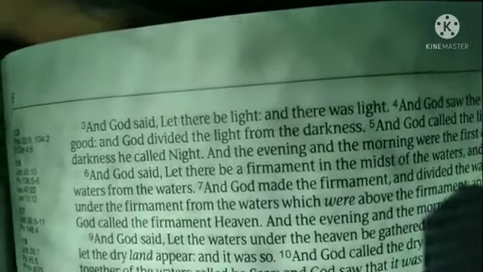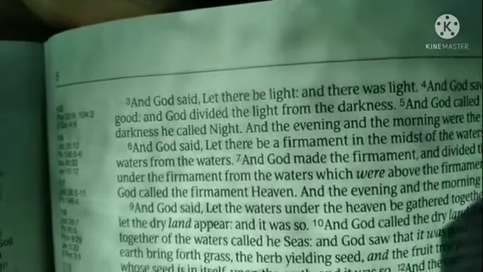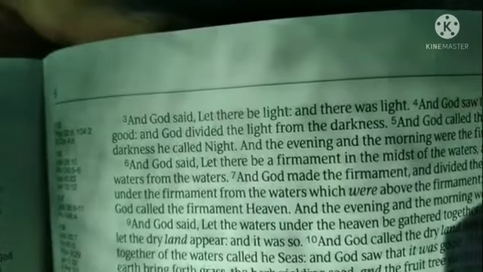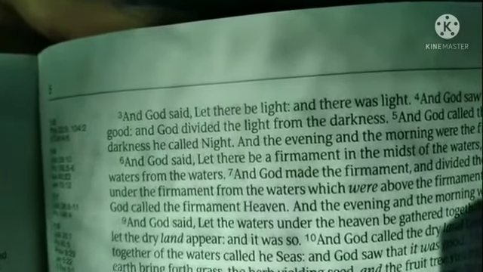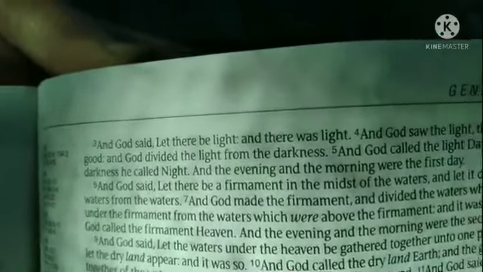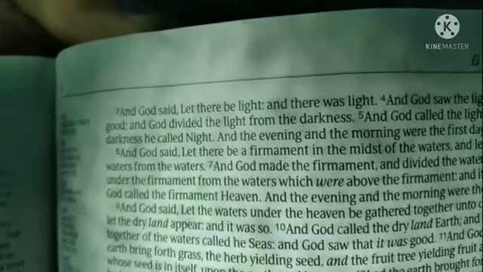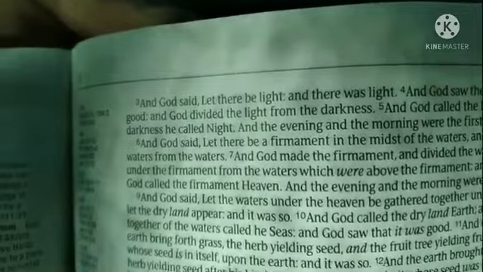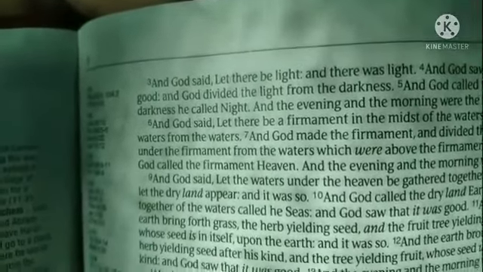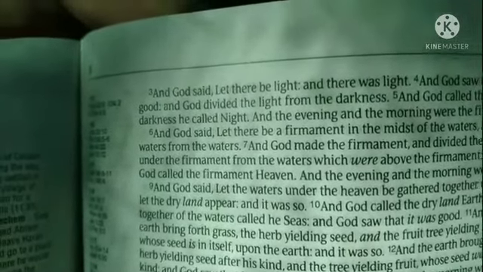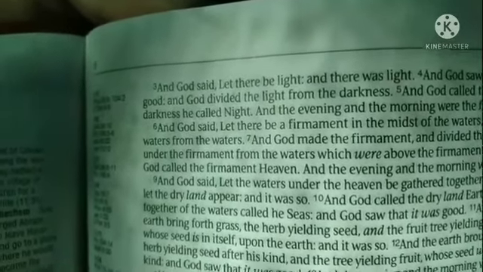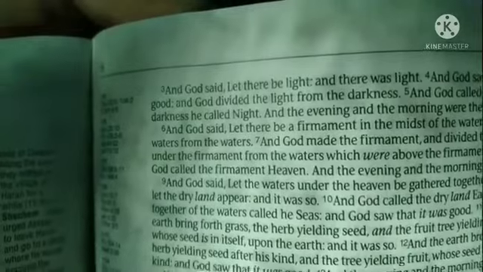And God saw the light, that it was good. And God divided the light from the darkness, and God called the light day. And there again, he called something, he spoke something. And the darkness he called night, and the evening and the morning were the first day. And God said, there again, frequency, let there be a firmament in the midst of the waters, and let it divide the waters from the waters.